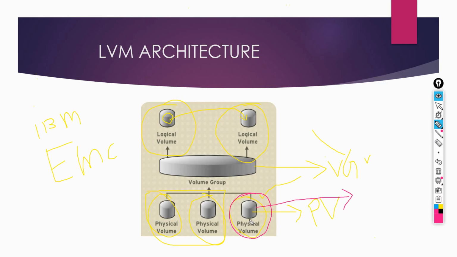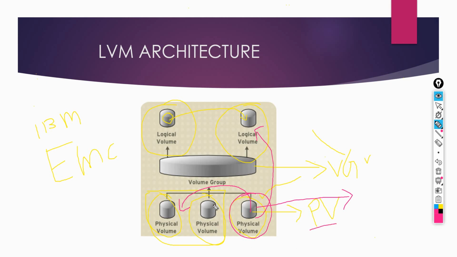Since it has some LVM data, they don't want to delete the data, they want to migrate the data to the existing storage devices. Whenever they want to do that, we use the concept called PVMOVE.